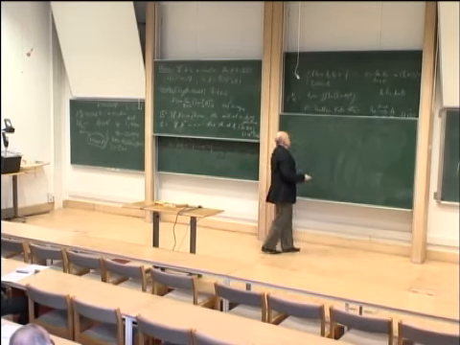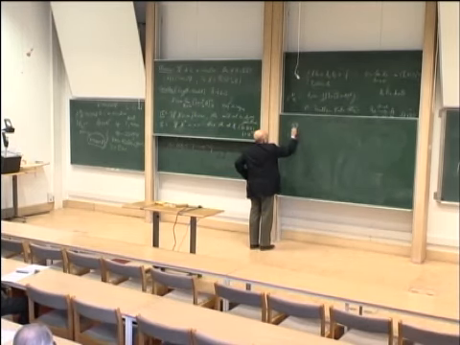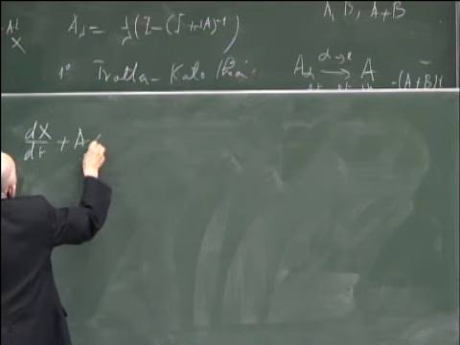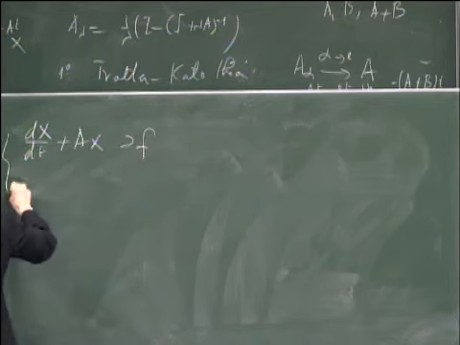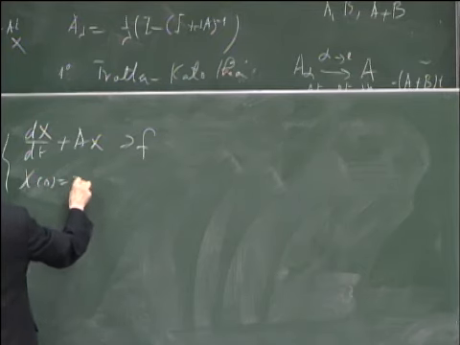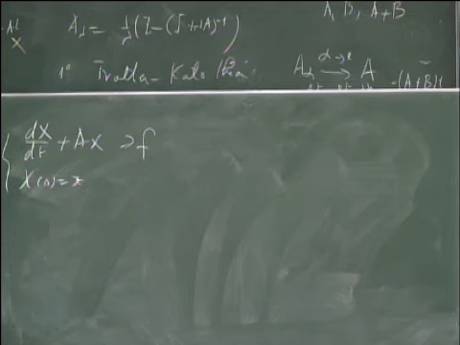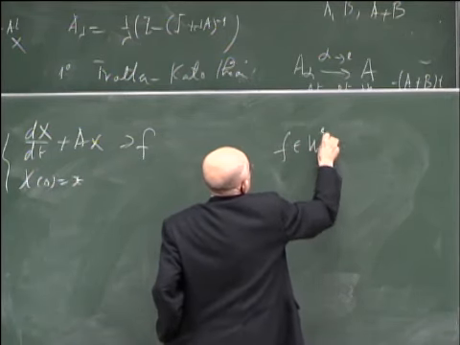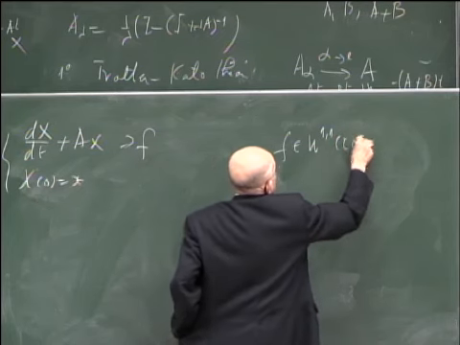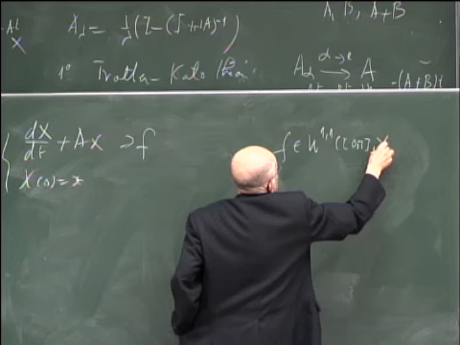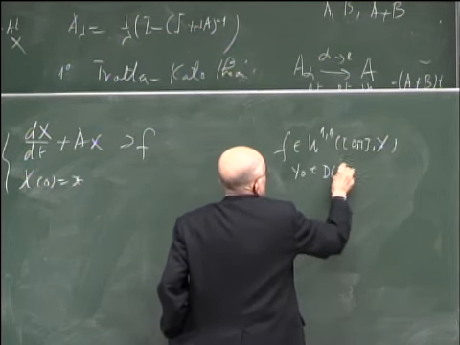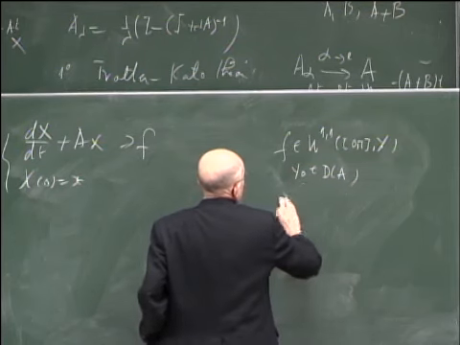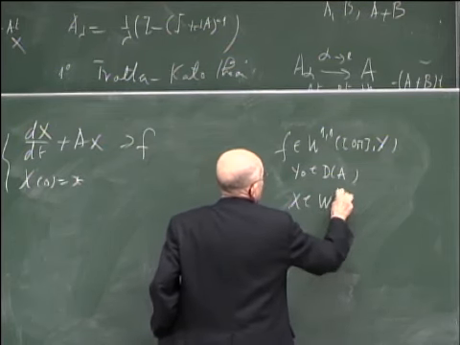So let's come back to our equation: dx/dt + Ax = f, x(0) = x. Now it's clear. In general, we have a mild solution if the space is not reflexive. If the space is reflexive and f is in W^{1,1}, this is a Sobolev space, and x0 is in D(A), we have a strong solution x, which belongs to W^{1,infinity}.